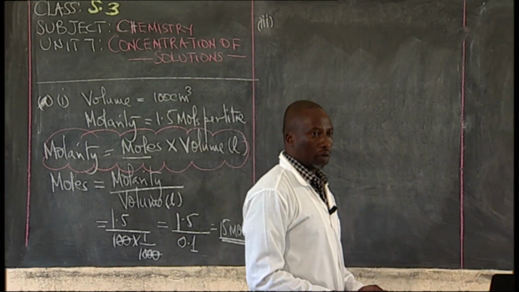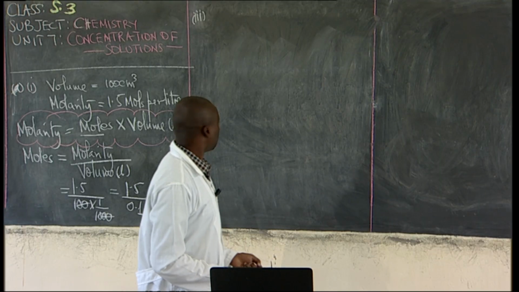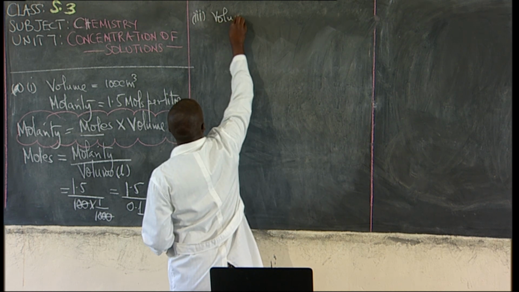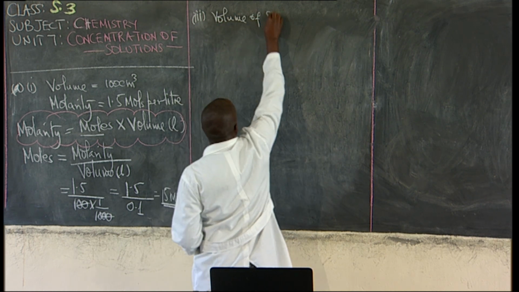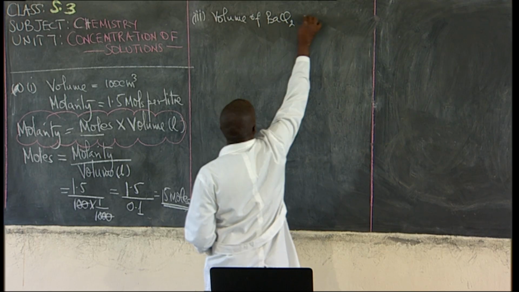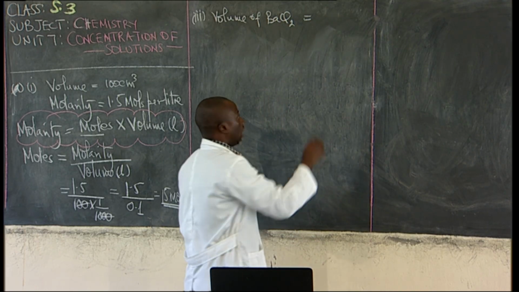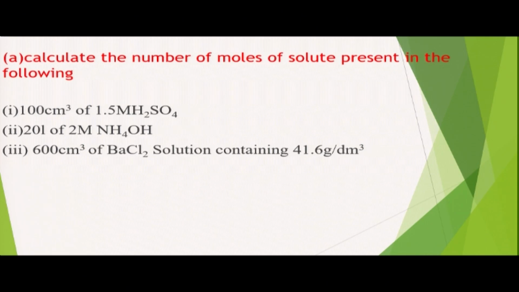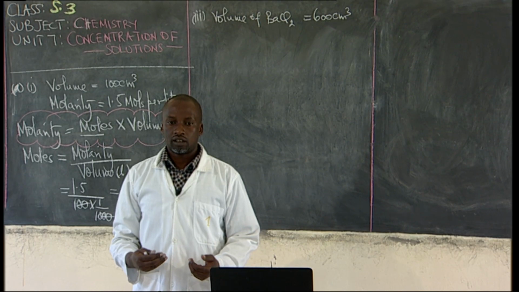This time we are given the volume of the solution. The volume of barium chloride solution is equal to 600 centimeters cubed.